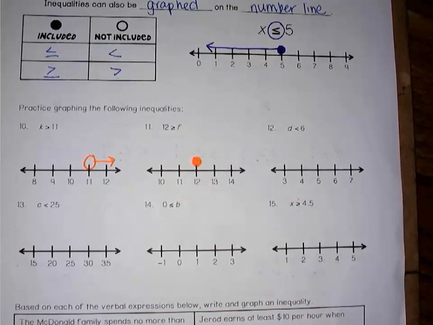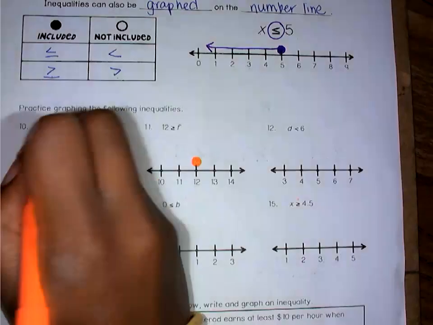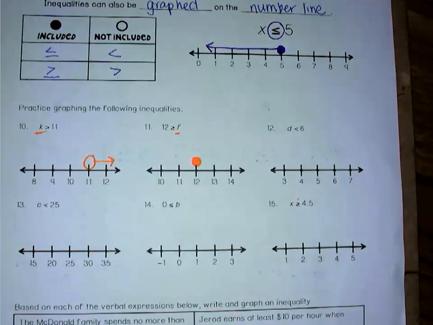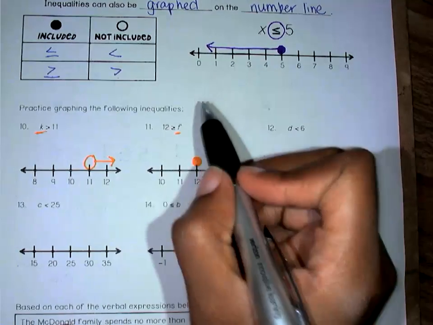here is where you're going to have to flip your mind. Because you remember on the back side, it is easier to graph inequalities when the variable is on the left. This one has the variable on the left side. This one is on the right side. So in order to graph this correctly, you need to flip it. And when you flip it, everything flips.